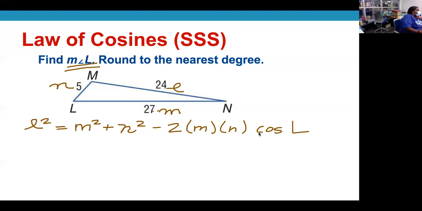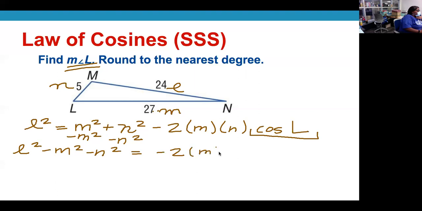So the only thing that we want left on one side of the equation is going to be the cosine of L. So we need to move everything else to the other side. So the first thing I'm going to do is minus M squared and minus N squared on both sides. So I have L squared minus M squared minus N squared is equal to negative 2 times M times N times the cosine of L.